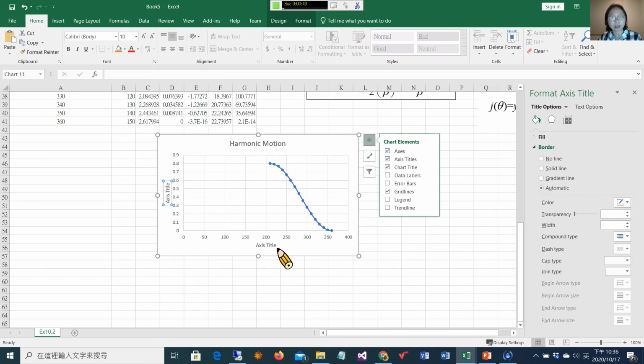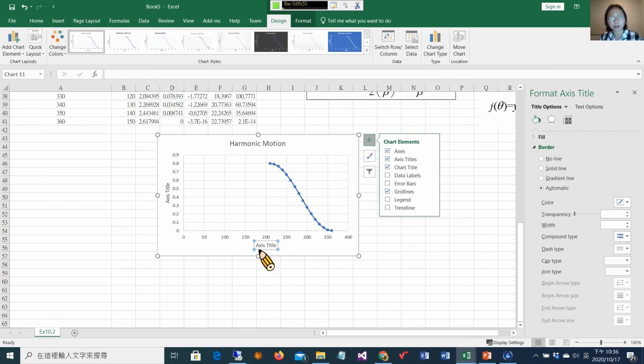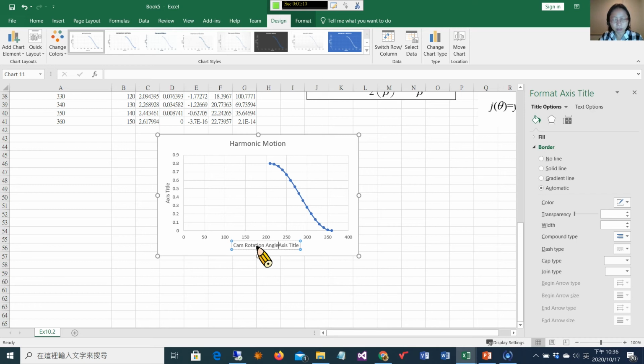So I see the axis title here and here. The X-axis title, I put cam rotation angle in degree. And here, I put displacement in inch.